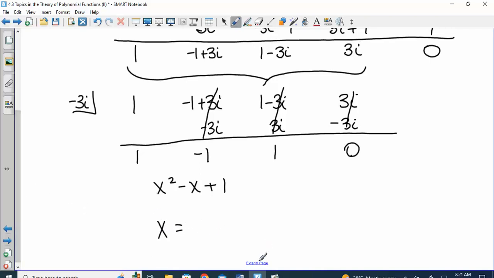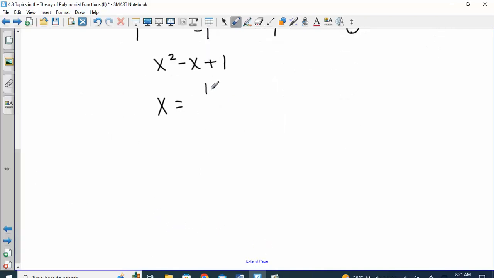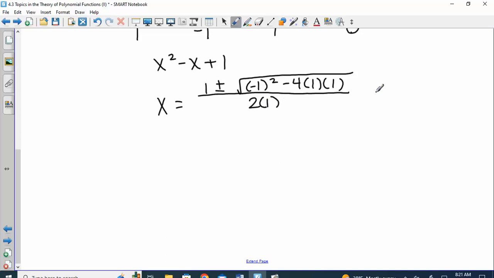So opposite of b plus or minus the square root of b squared minus 4ac, all over 2a.